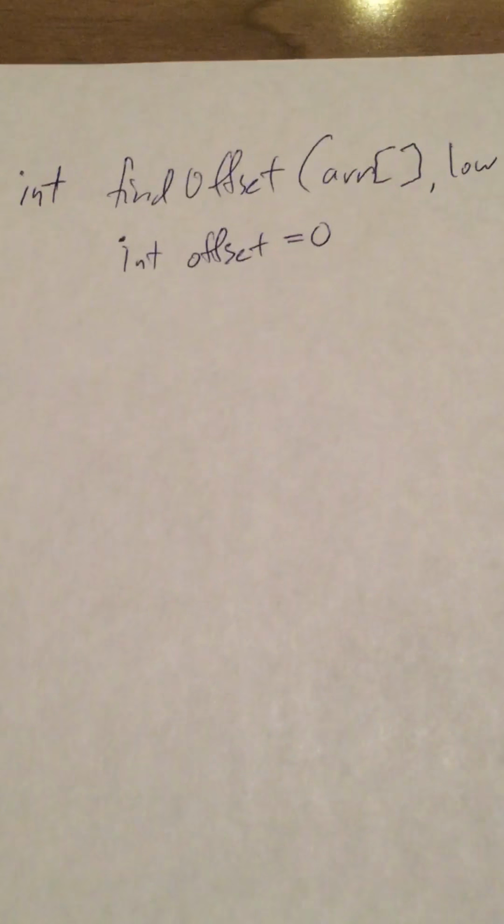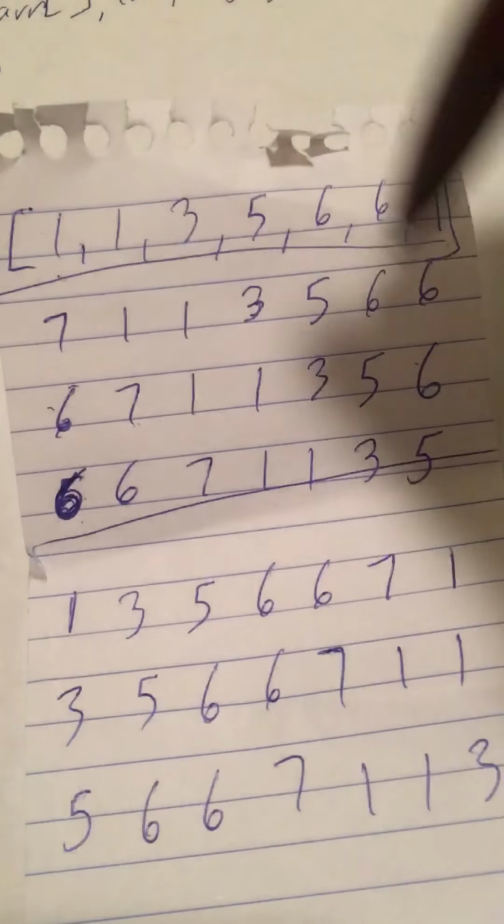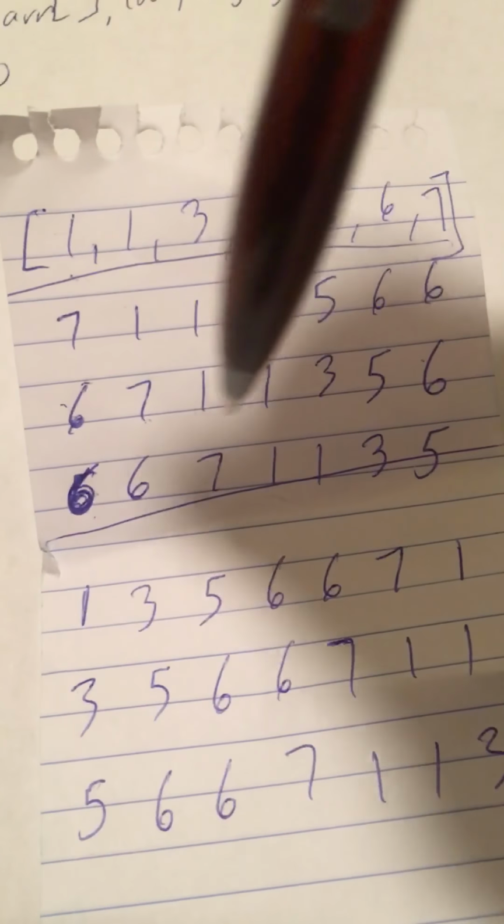Offset is initialized to 0. And then what we can do is create a while loop, and we can close in from the outside, so we can compare low and high. If it's in the proper order, low should be less than high. Otherwise, it's gotten jumbled up, or it's been rotated.